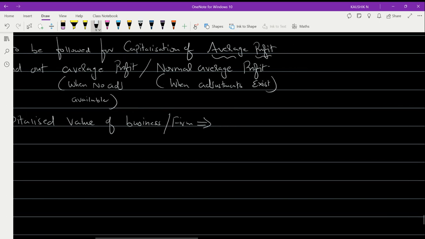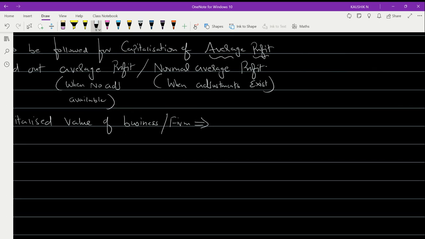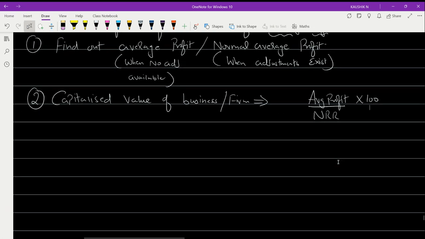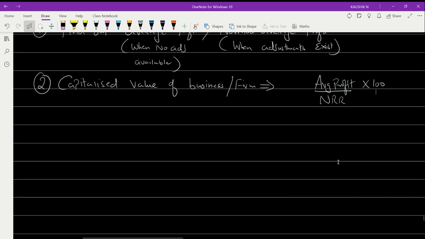In step one we find out average profit or normal average profit. That average profit will be divided by the NRR, normal rate of return, and multiplied by 100. When you do this, you get the capitalized value of your business. Any doubt in step 2?